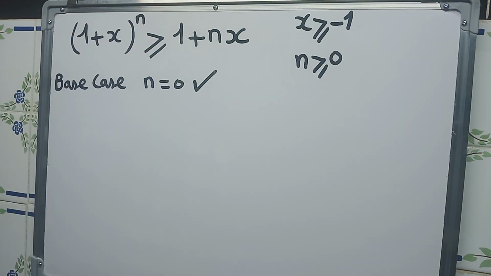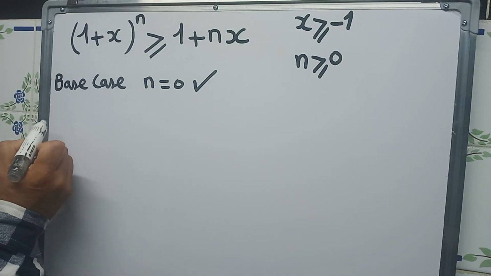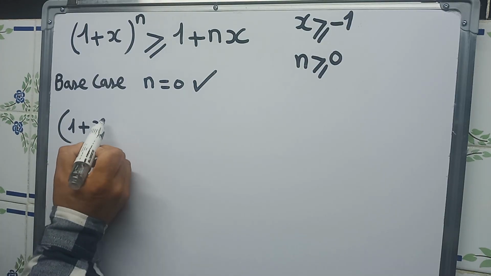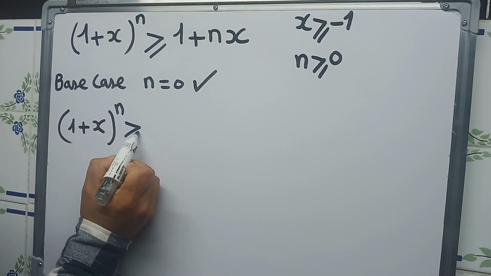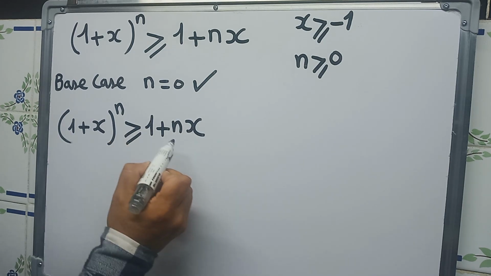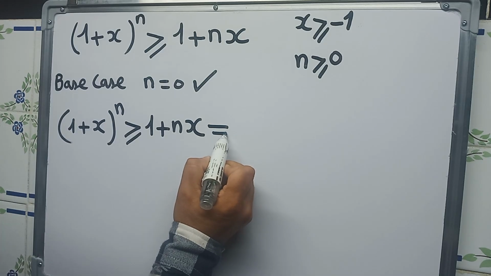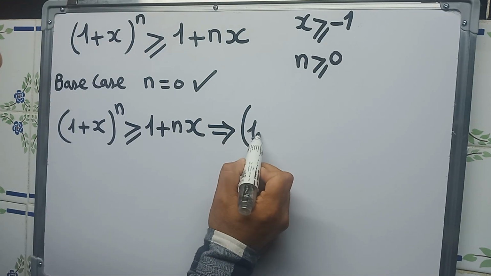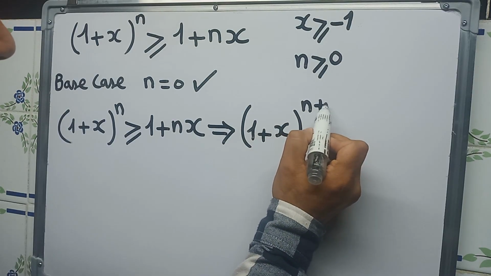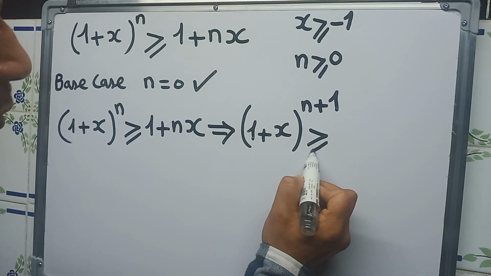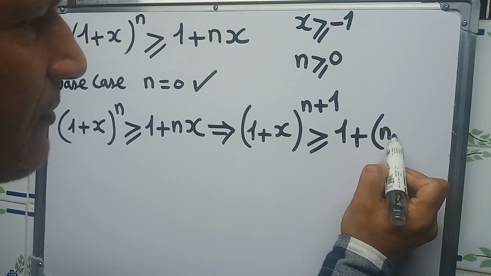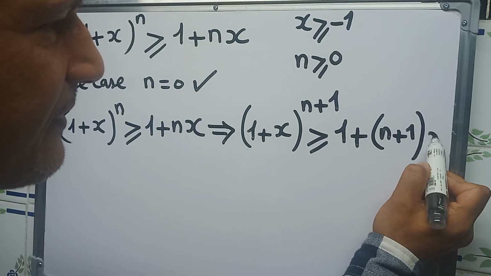Now let's prove the inductive step, meaning that we will prove that (1 + x)^n is greater than or equal to 1 + nx for some non-negative integer n implies that (1 + x)^(n+1) is greater than or equal to 1 + (n+1)x.